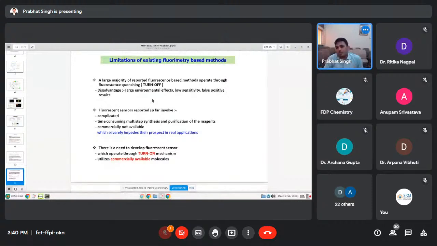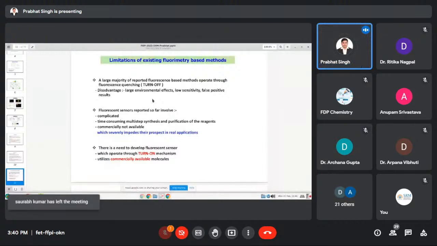You will often see that many times there is a reduction in the signal, let's say 5%, 10%, 2%. Many things can happen. For example, the room temperature has increased slightly, or some of the molecules in the solution have deposited on the surface of the cuvette, or sometimes there may be a fluctuation in the light intensity. These kinds of things will always give you a small reduction in the signal.